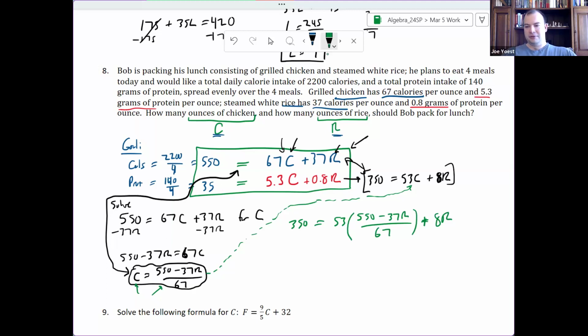I see now I have a single linear equation in one variable R that I'll be able to solve for R. At this point, I can completely forget for the moment about the application and just say, this is an equation in R. How do I solve it? I see a fraction. I can multiply through by the lowest common denominator, but of course, we only have one denominator, so I just multiply by 67 everywhere.